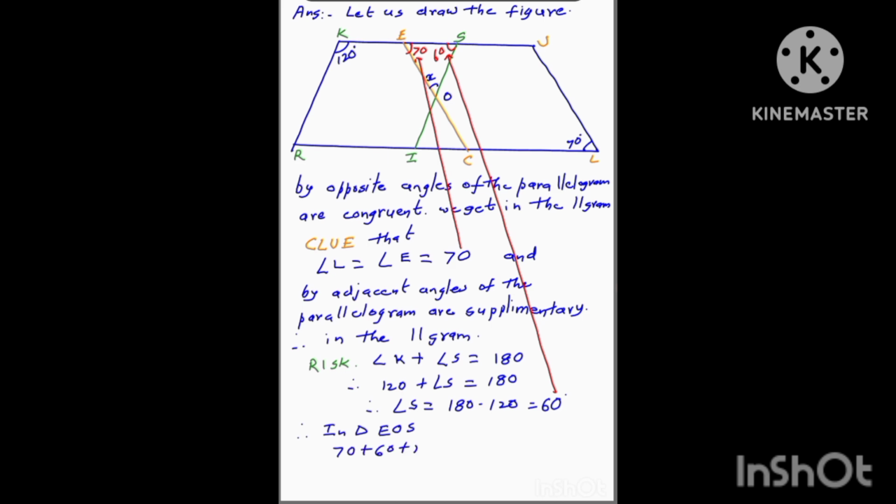So in triangle EOS, 70 plus 60 plus x is 180. So x is equal to 180 minus 70 minus 60, which is 50. So we write in the answer form that x, the unknown which we are supposed to find, is 50 degrees. That's it.